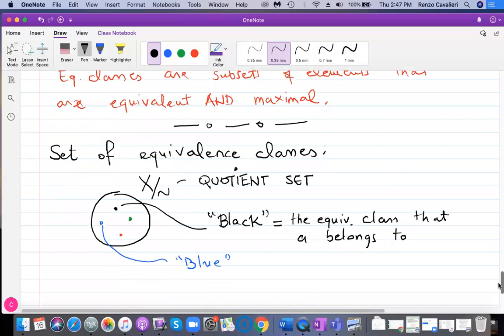And so because that's a long sentence to have to write every time, we created a notation for this, which is square brackets. So square brackets A means the equivalence class that A belongs to. And now you see what the bug with this is, or feature, depending, is that this is also the equivalence class that B belongs to.